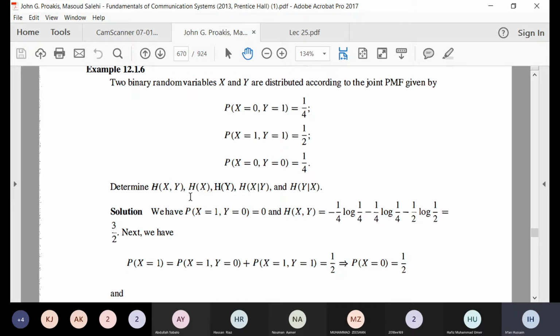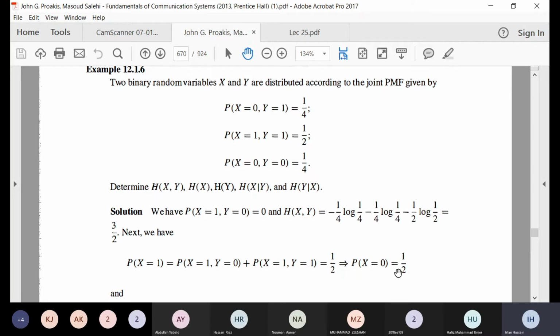Then we want to find H(X). So for H(X) we need to find the probability of p(x=1) and the probability of p(x=0). The probability of x=1 is only this thing, because (1,0) is already 0, so it is only p(1,1), and that will be equal to half.